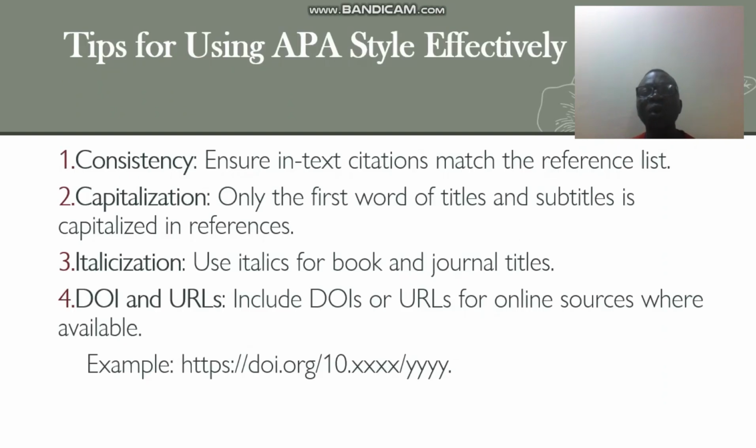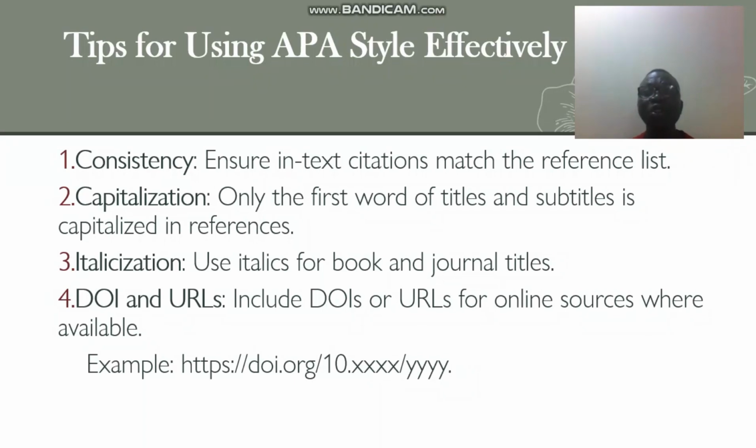Then we have tips for APA style. For using APA style effectively, we have consistency. Ensure the in-text citations match the reference list. They must match. It should not be that you have Jones 2018 and in the reference list you put James. Some people, when you open their project, their in-text citations and the references do not match at all.